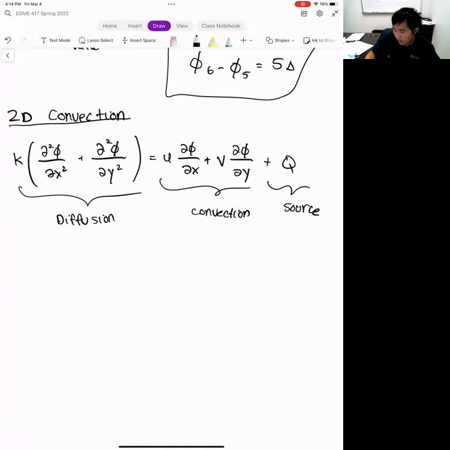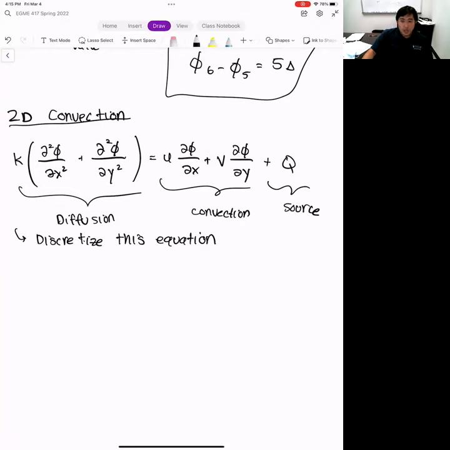All right, and so the first step, just like the first step that we did with 2D diffusion, is to discretize this equation. And so just like we did with diffusion, we can plug in the finite difference approximations for each of those derivatives.